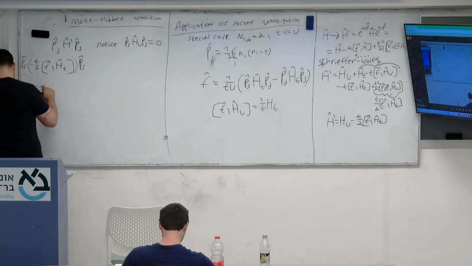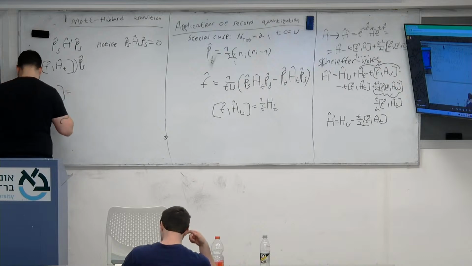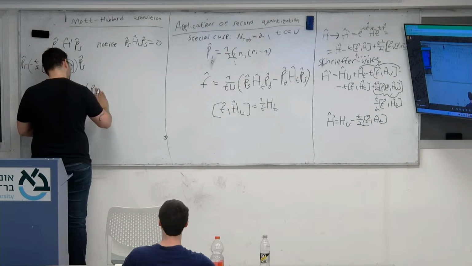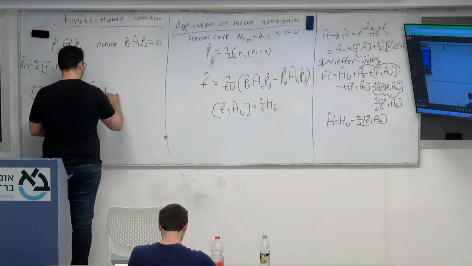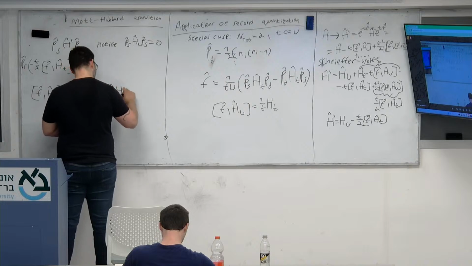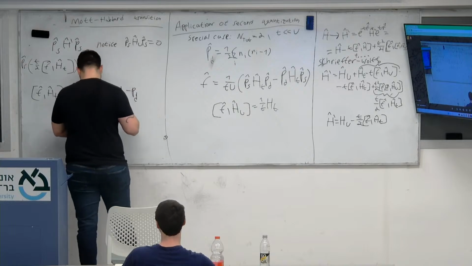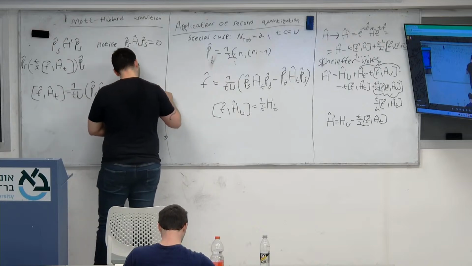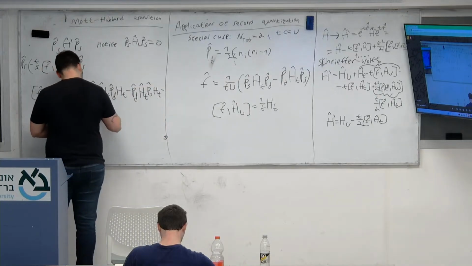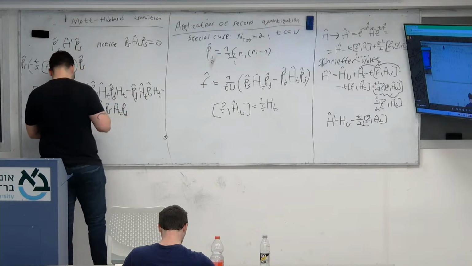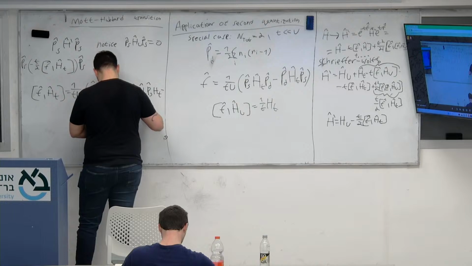Now F H_T, to do it really quickly, equals P_S H_T P_D H_T minus P_D H_T P_S H_T minus H_T P_S H_T P_D plus H_T P_D H_T P_S.